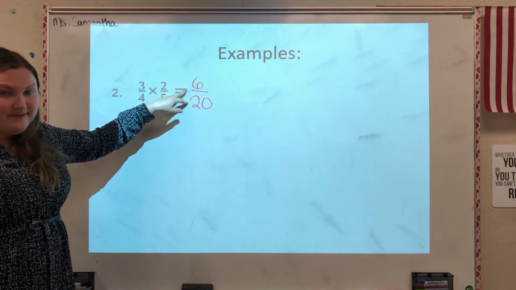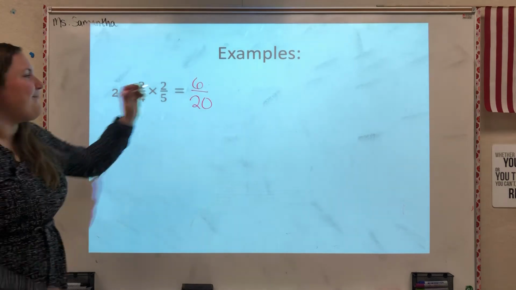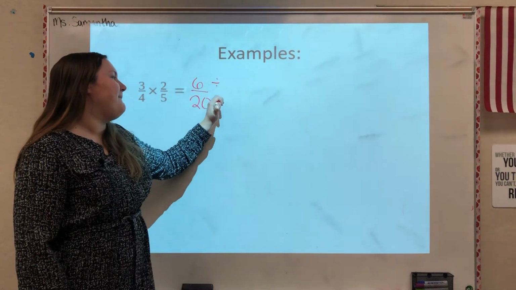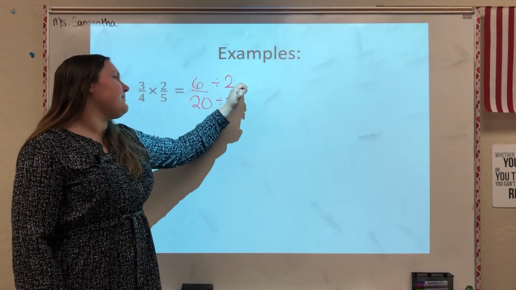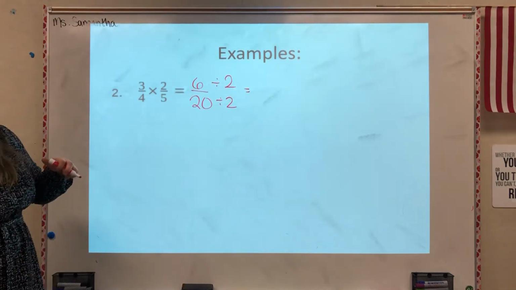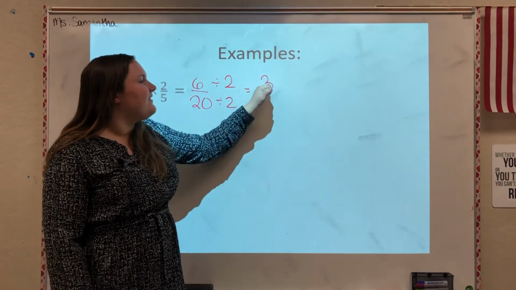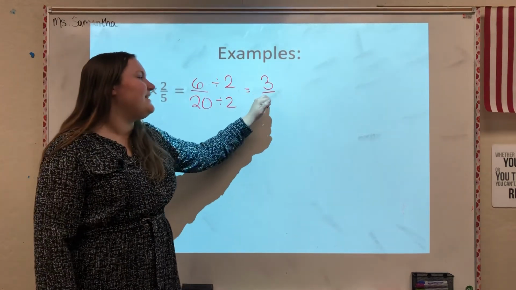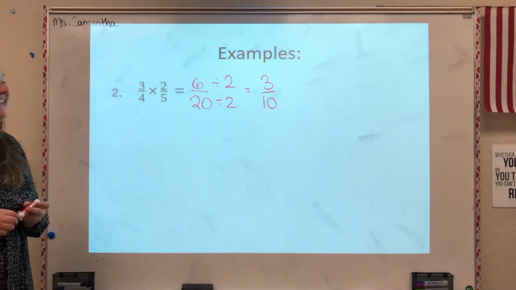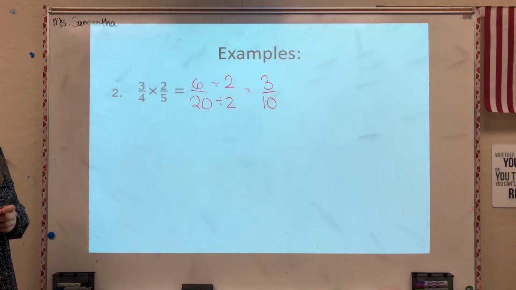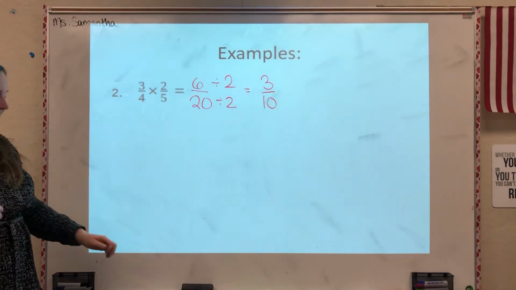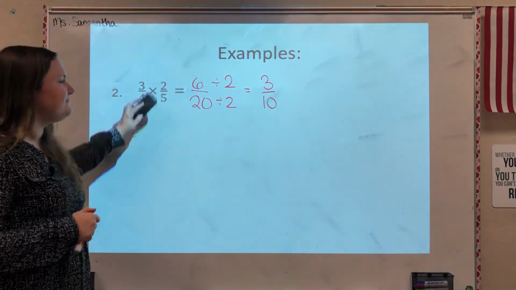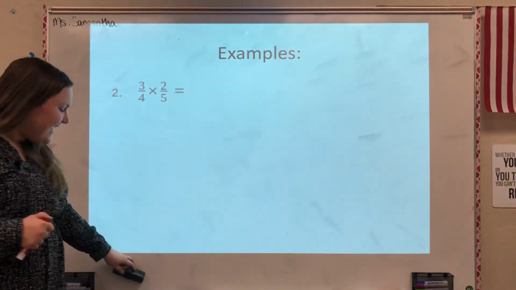Can we simplify? Yes, we can simplify by dividing by 2. If I do that, 6 divided by 2 gives you 3, and 20 divided by 2 gives you 10. I can't simplify 3/10 anymore. The only thing you can divide by is 1, so that is how I know I am done simplifying, and 3/10 is our answer. That is my last example.